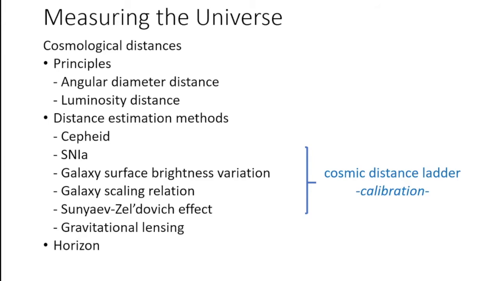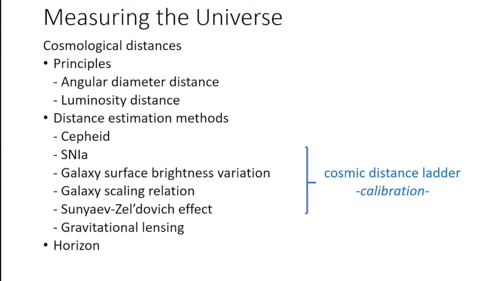Those are the big homework that I mentioned in my first lecture. For example, let's go back to distance, because distance is the big homework, so we'll try to concentrate on that. Cosmological distance is based on two different principles, and you could use that further. One is called the angular diameter distance, and the other is called luminosity distance. Those are the principles.